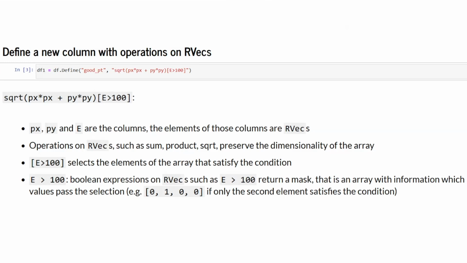The way the C++ programming language works is if the function arguments, in this case px, py, are of type rvec, and they match the signature of the square root function that has that type, so sqrt of rvec, then the compiler will execute the correct function even without you having to explicitly write the namespace.